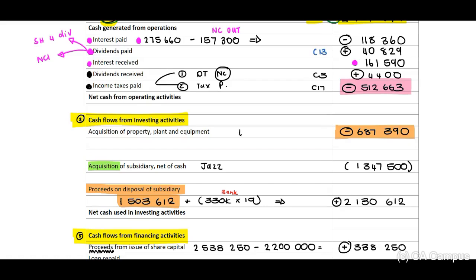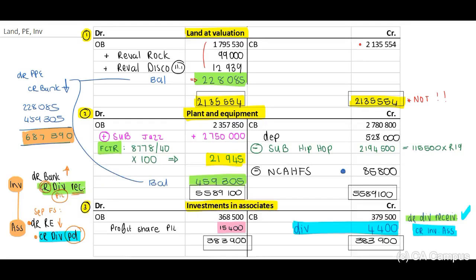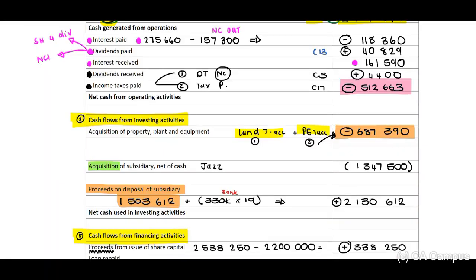I'm going to indicate land T account plus plant and equipment T account. 1, 2. Now guys, this does happen with you as well. See what I'm doing? I'm just trying to still indicate to my marker where these amounts are allocated, and then ensure that my marker is able to see orange on the left, orange on my cash flow statement.